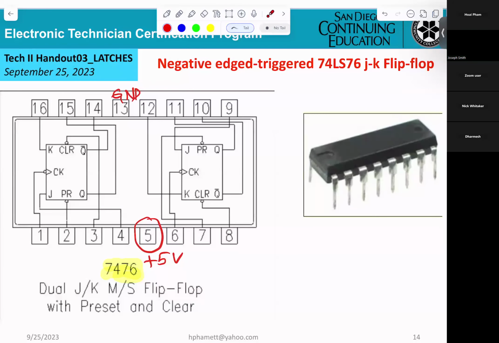If you're looking into the diagram for the JK, pin 5 is for 5 volt, special.